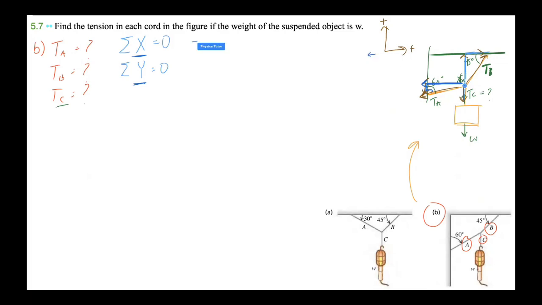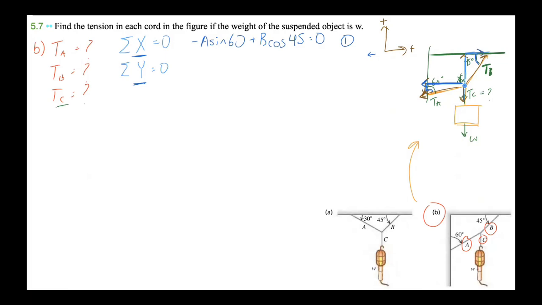And then plus B cos 45, because cos is close, sine is the other line. Plus B cos 45 is equal to 0. Okay, that's equation 1. The trick I was taught in high school is to number your equations as you go, or else it just gets super messy. It's just easier to do it that way.